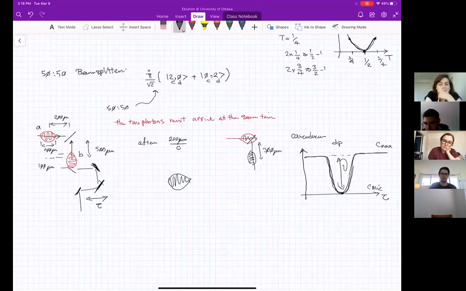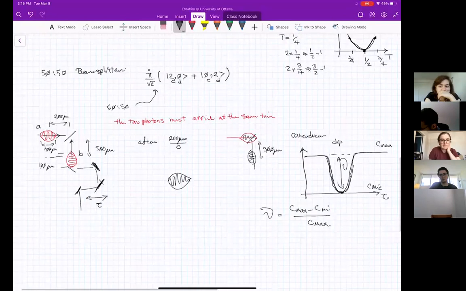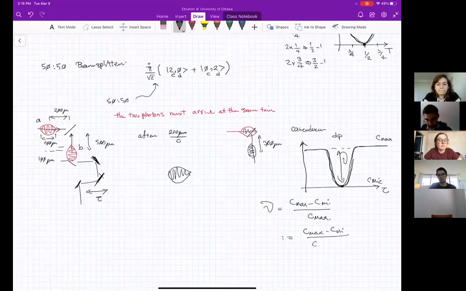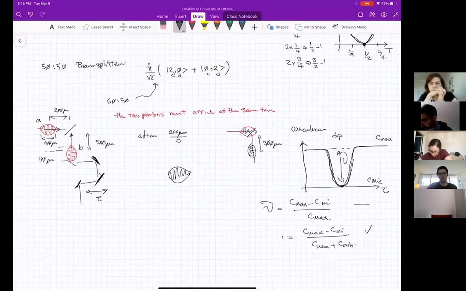Different definitions exist. One is coincidence at maximum minus coincidence at minimum, divided by coincidence at maximum. This is one way of definition. Some people prefer the standard definition, which is coincidence at maximum minus coincidence at minimum, divided by coincidence at maximum plus coincidence at minimum. This is the more standard way, but people also use the other definition.